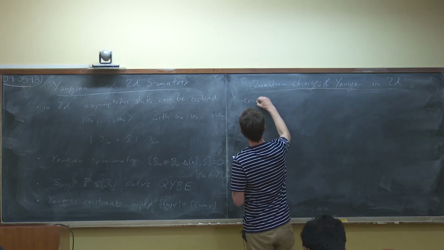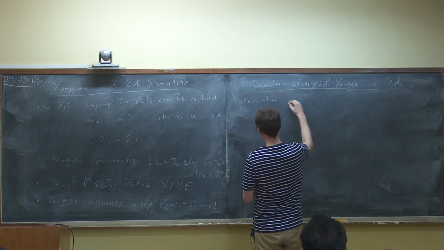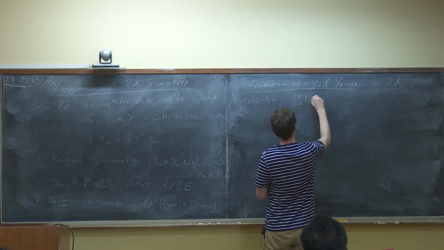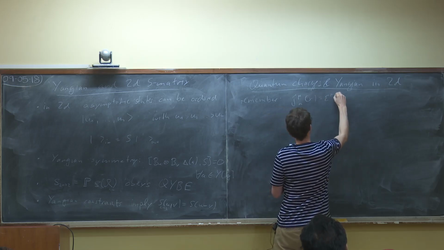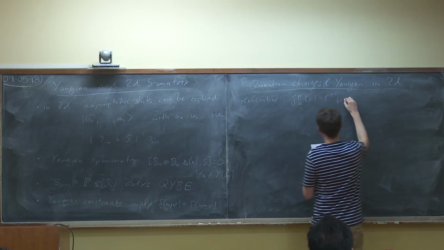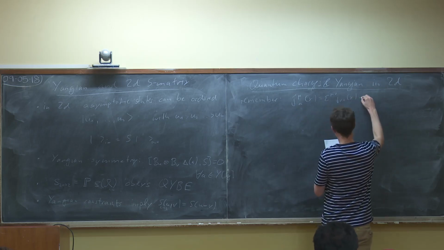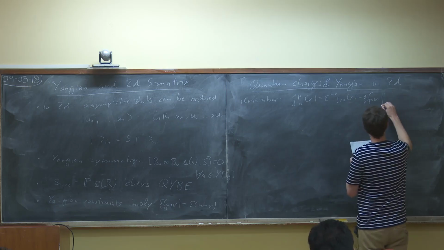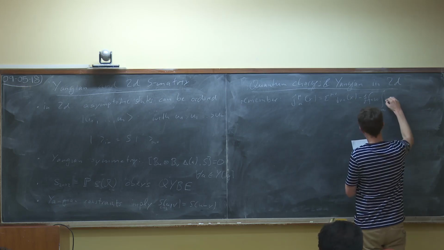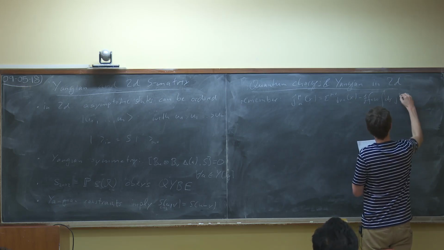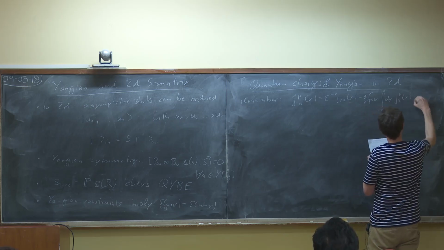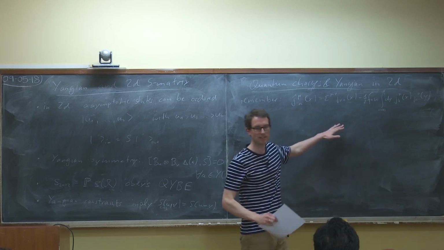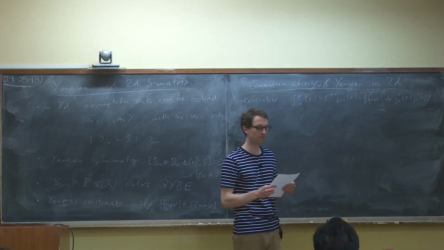You remember this classical definition of my current, J mu A of x. So this was my classical current.